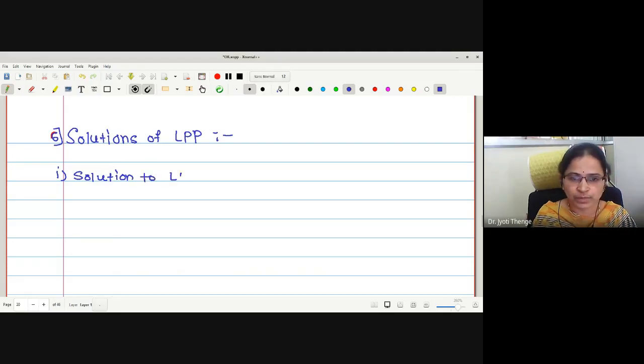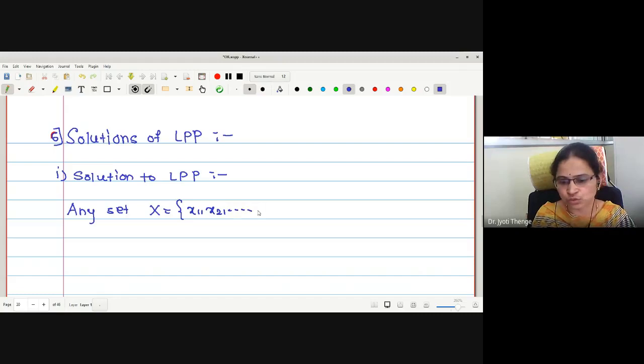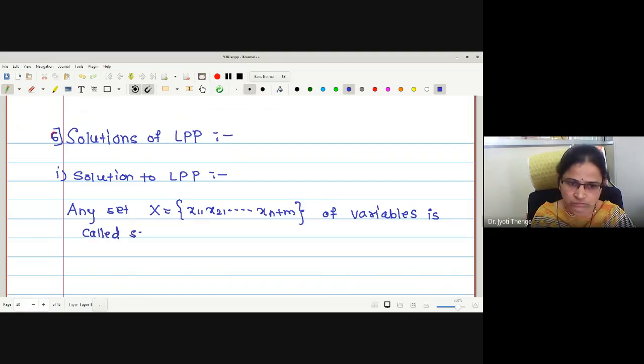Any set X of variables, say the values of the variables x1, x2, up to x(n+m), is called a solution of the linear programming problem if it satisfies the set of constraints.